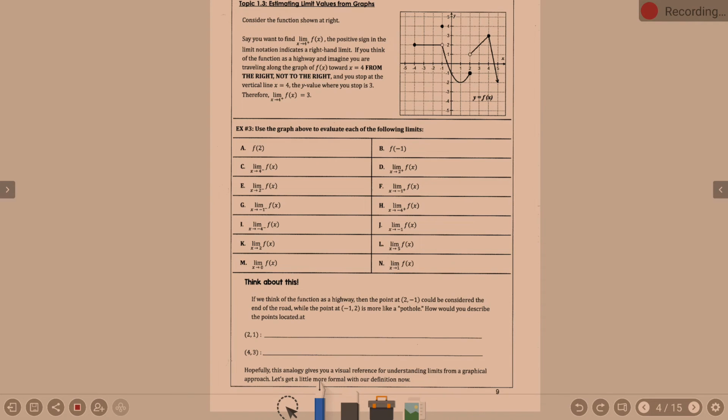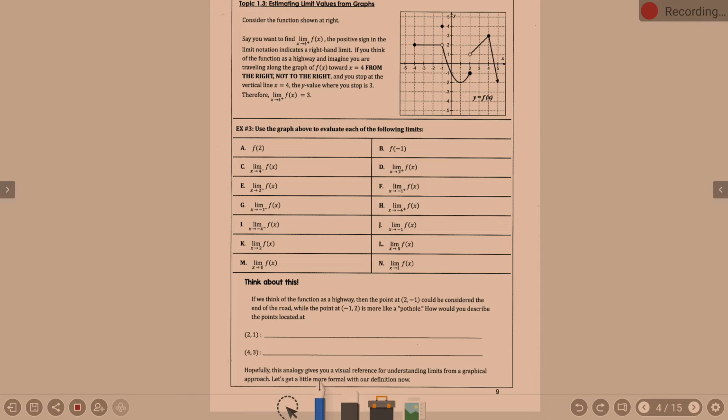Consider the function shown at the right. It's a fun function. Say you want to find the limit as x approaches 4 from the right of f of x. The positive sign of the limit notation indicates a right-hand limit. I already talked about this. If you think of the function as a highway and imagine you're traveling along the graph of f of x towards x equals 4 from the right, and you stop at the vertical line x equals 4, the y value where you stop is 3.